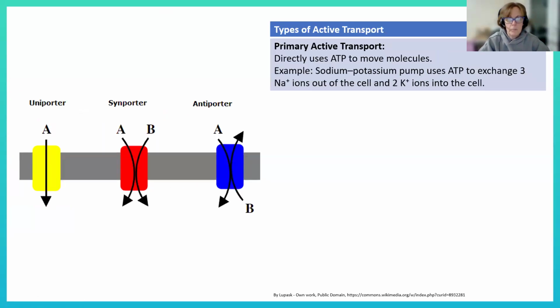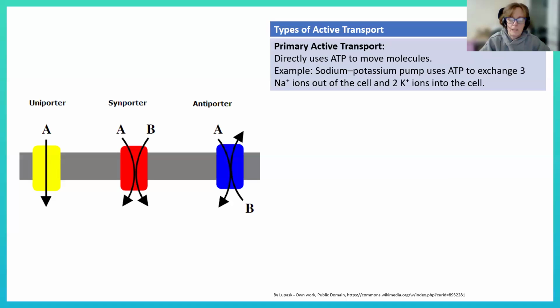So when we're pumping stuff across, or using energy at least to move stuff across, we can use different types of active transport. One type is called primary active transport that uses ATP, this energy molecule, directly.